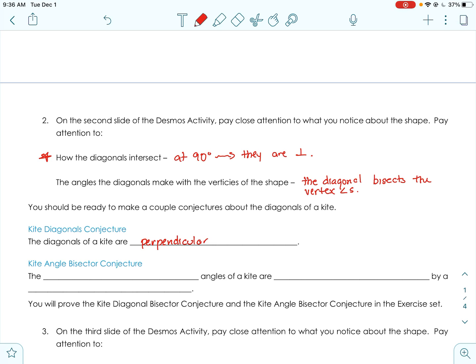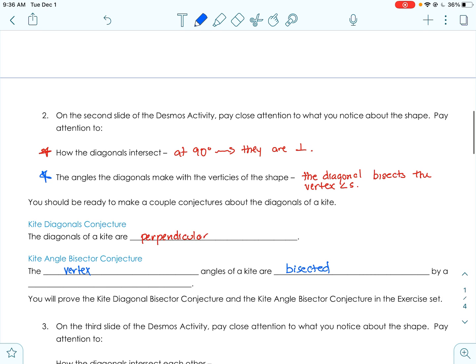And if we take a look at the second observation we made, we notice that the angles that the diagonals make with the vertices of the shape, the diagonal bisects the vertex angles. It doesn't do anything to the non-vertex angles. There is nothing special there. So what we can say is the vertex angles of a kite are bisected by a diagonal.